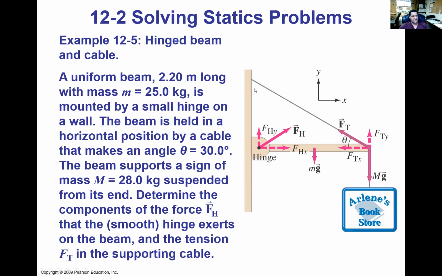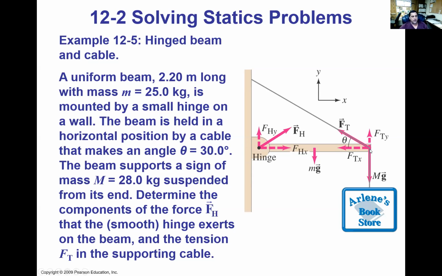So if I cut that cable, the sign would rotate back towards the building and bang against the building, because this thing isn't held in place rigidly. There isn't a torque to account for here. There is a reaction force in the X and a reaction force in the Y for this hinge. They're resolving it into this FH, but you have an FHY and an FHX for the reaction force for the hinge.